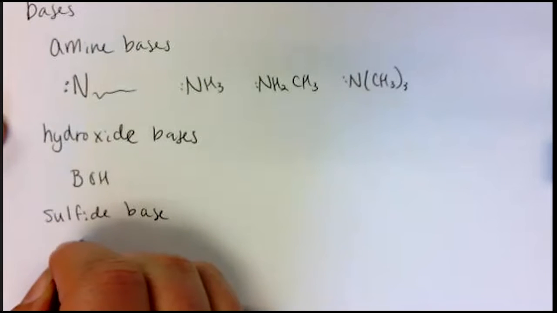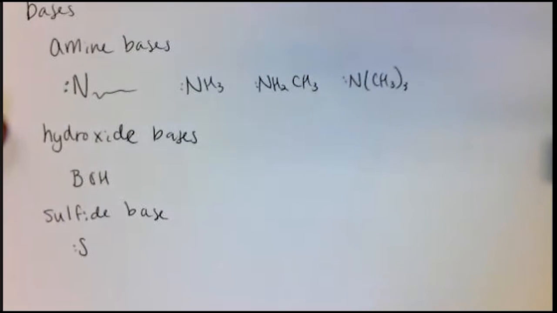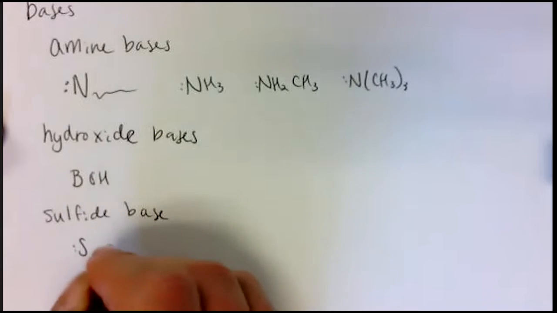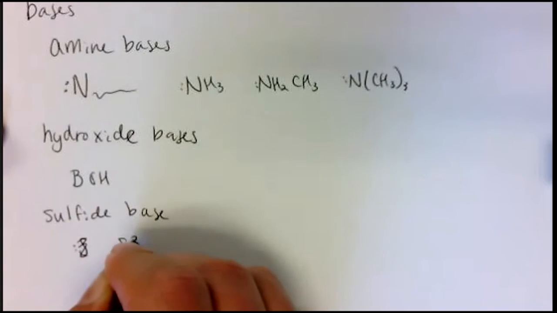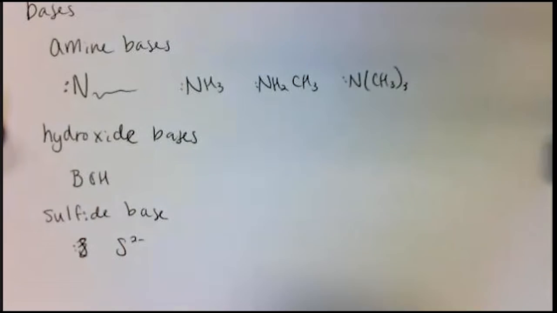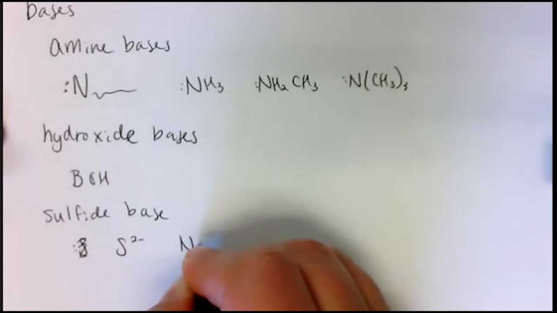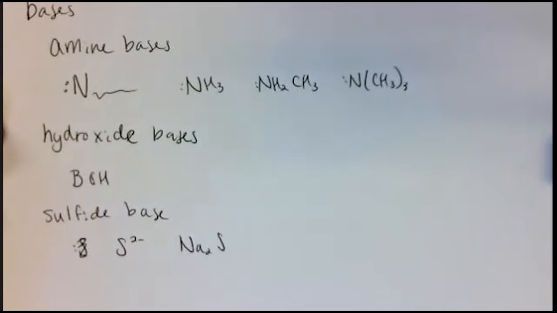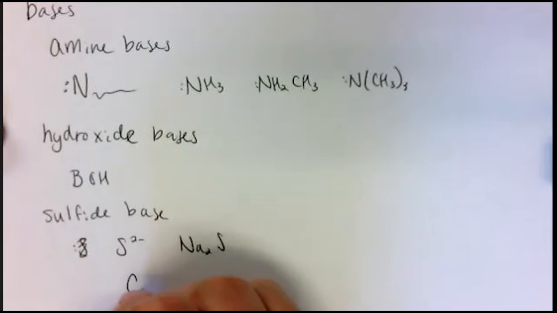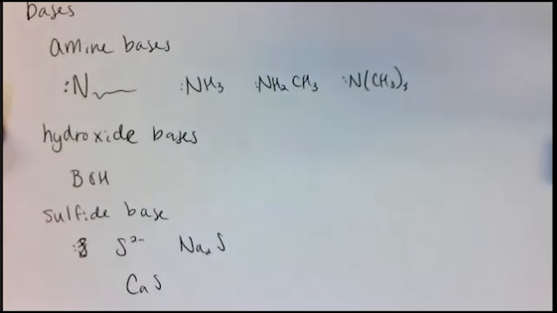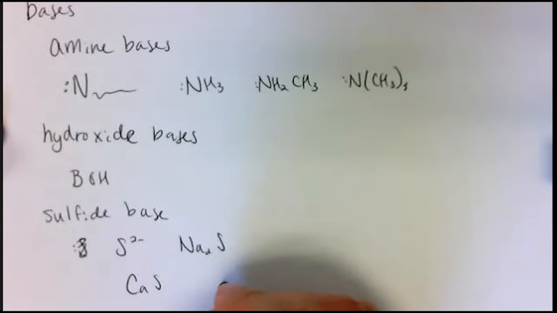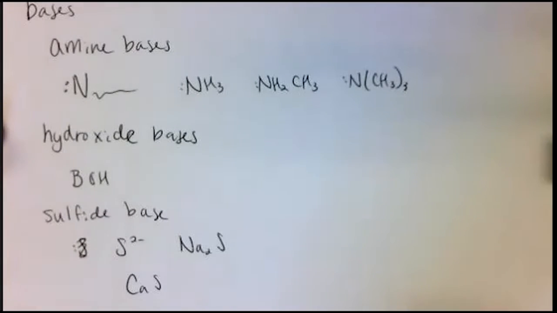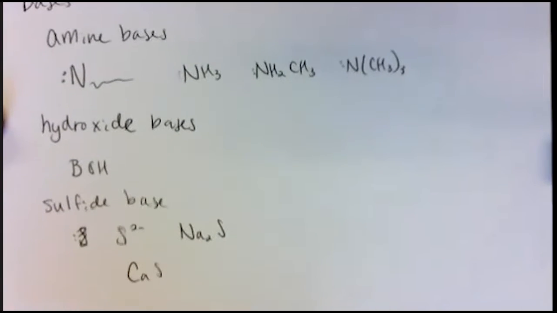So that's going to be an S with a pair of electrons. Or technically, it's an S2 minus anion. So you can have something like Na2S, a sulfide base, CaS, a sulfide base, stuff like that. And the S itself does have the pair of electrons, and that's how it can take that hydrogen.